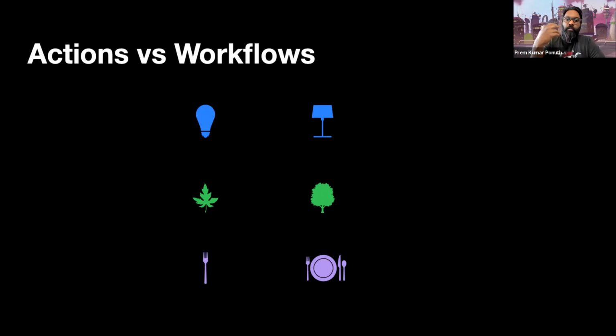So an action to a workflow is a light bulb to a lamp. It's going to be a part of a workflow that you're going to be creatively configuring, right? And that configuration is going to end up as steps or jobs in an infrastructure file that you might have. The same goes for, from a light bulb, we move on to a tree and a leaf.